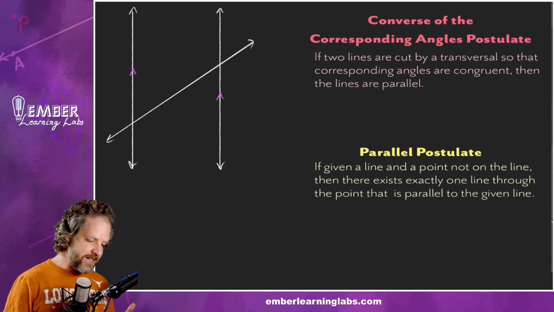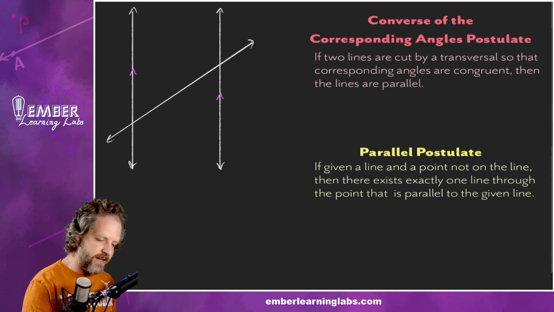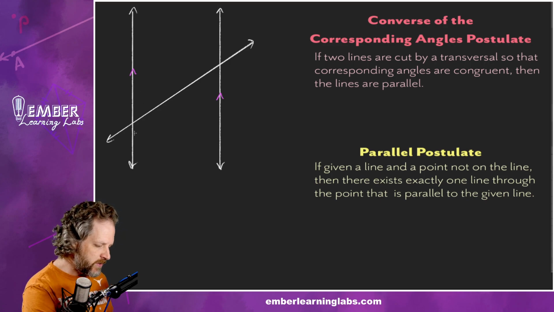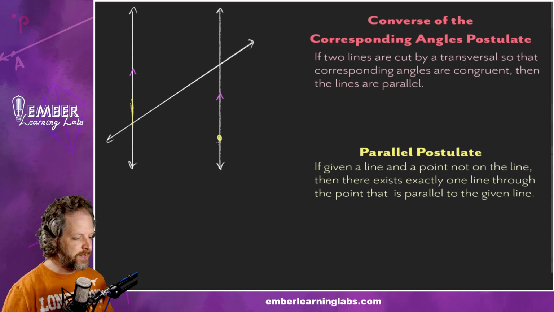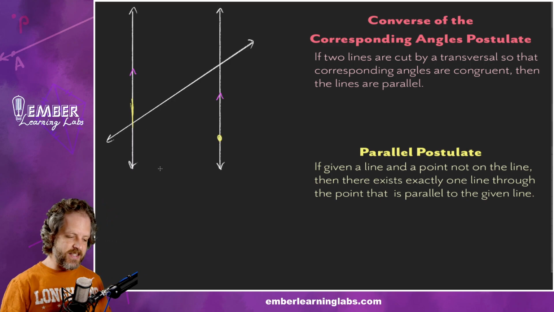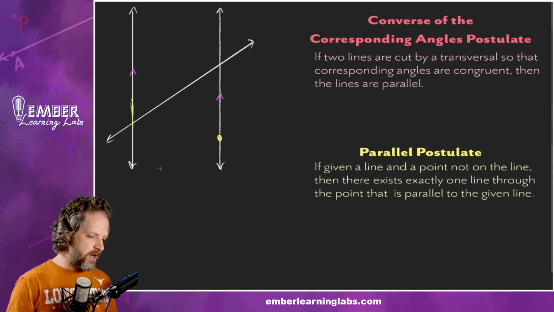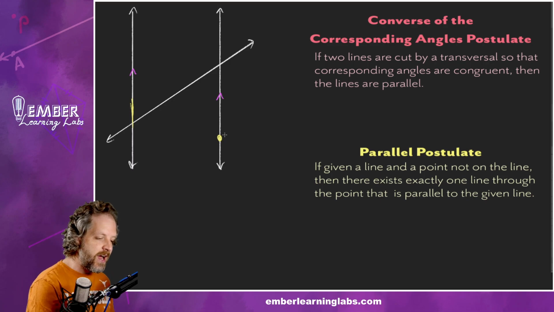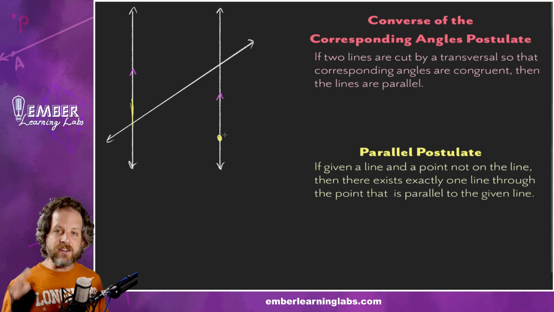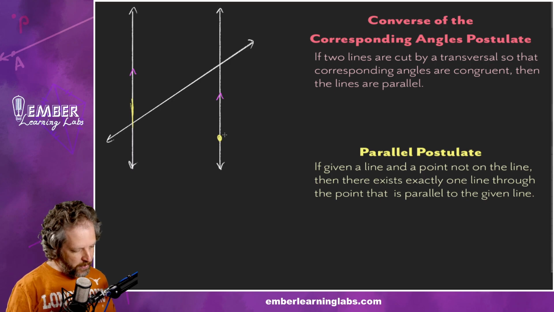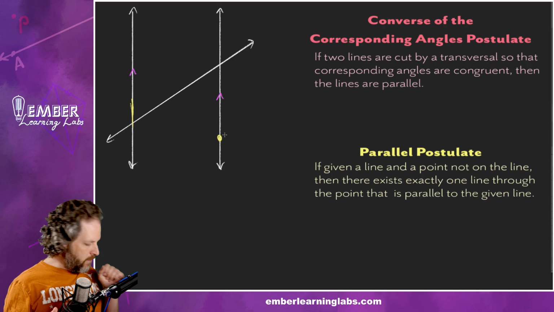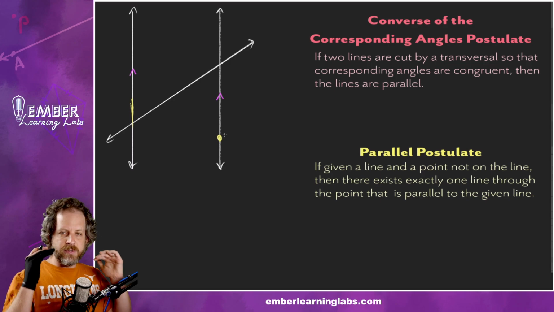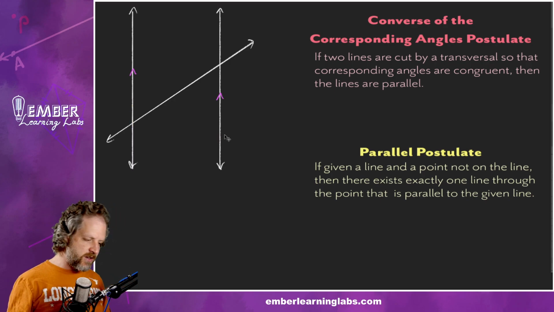It says that if we have a line and a point over here, then there is one and only one line on the same plane that goes through that point and is parallel to the line. Since there's only one line through that point that is parallel, that lets us say specific things in these next couple of theorems. So let's take a look at them.